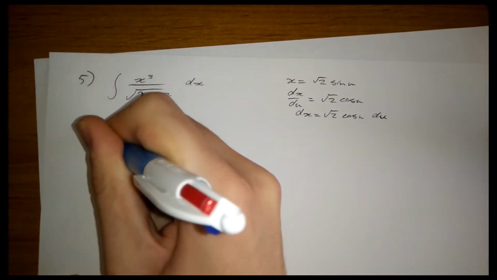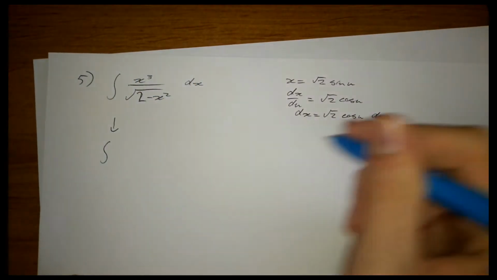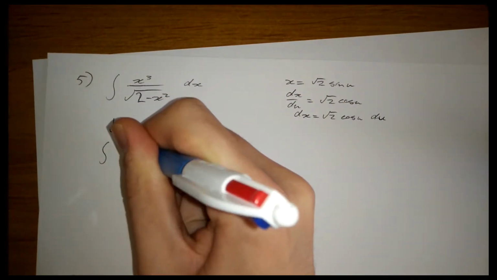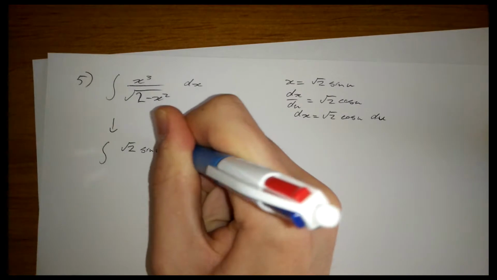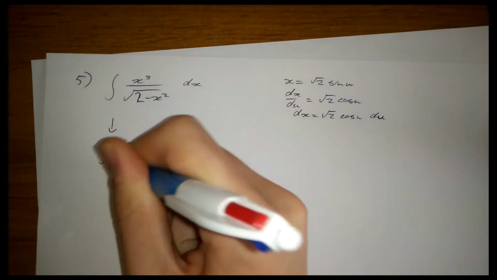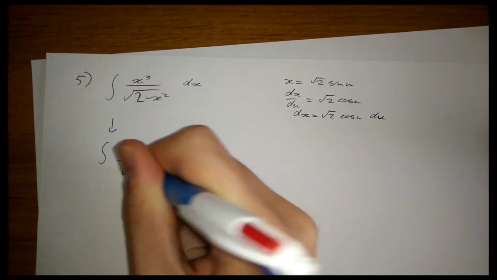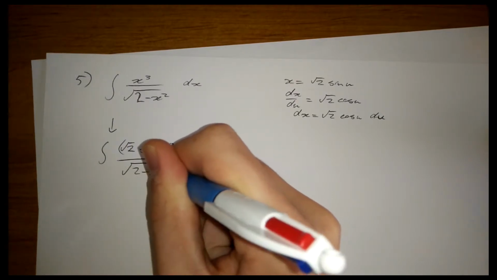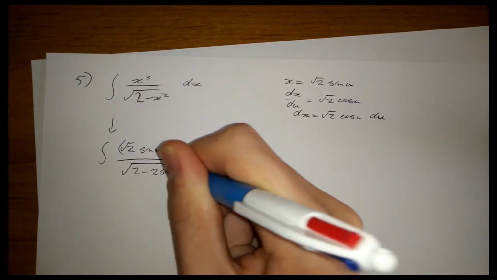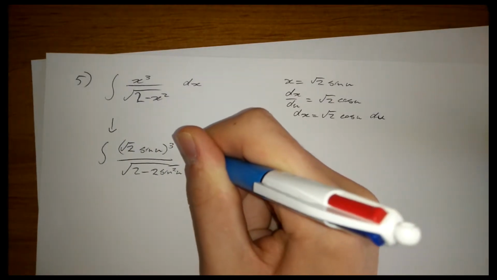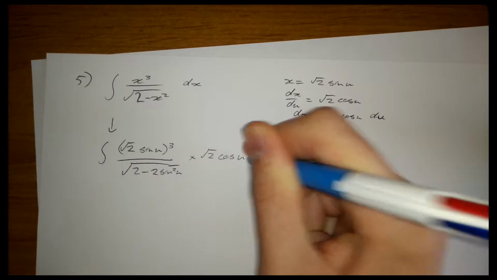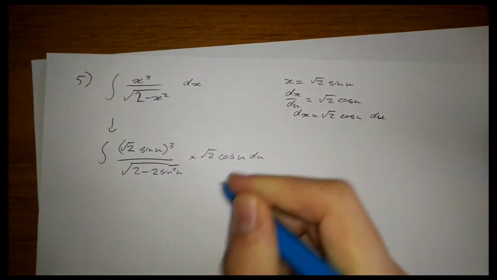So we bring that and we substitute it in. So root 2 sine u to the power 3 on 2 minus 2 sine squared u times root 2 cos u du.